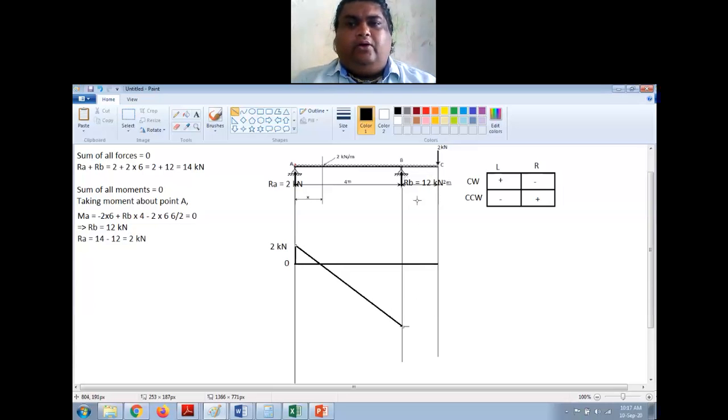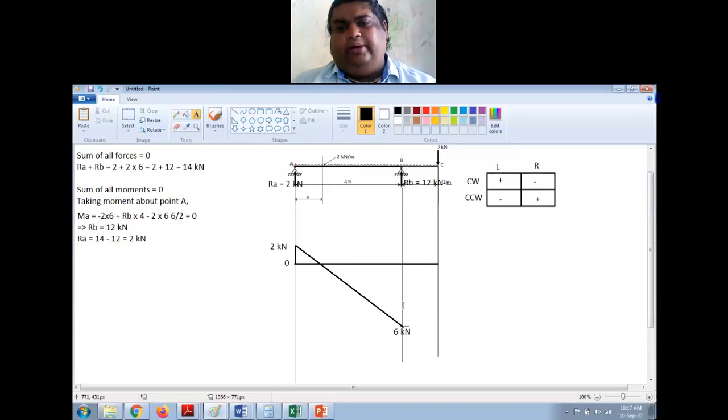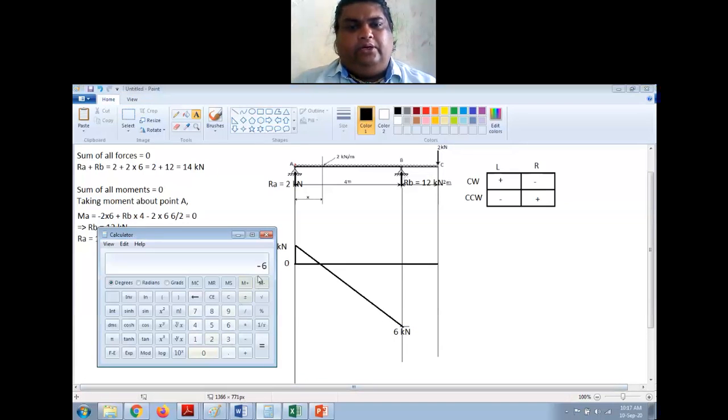Okay. Now come to point number B. Now at point B, I have reaction of 12 kilonewton which is acting upwards. Now what is the force here? This is 6 kilonewton. It is on the negative side, so it is minus 6 kilonewton. Now minus 6 and this force is upward, so plus 12.